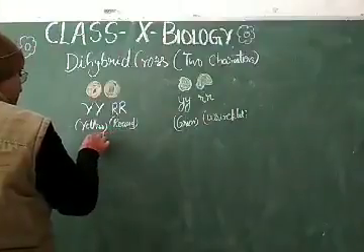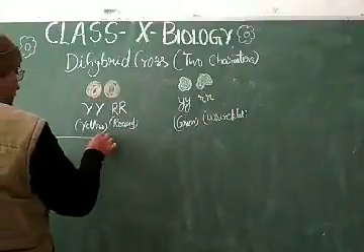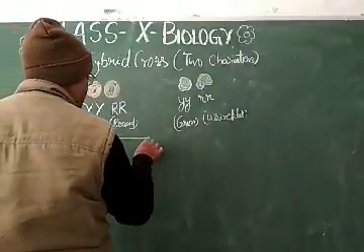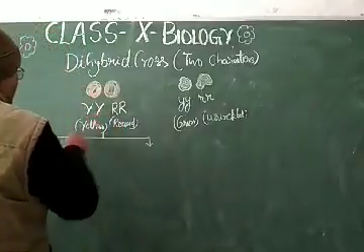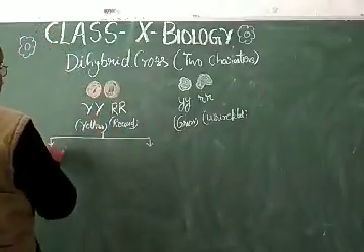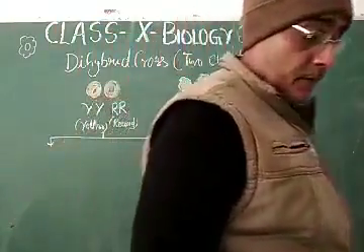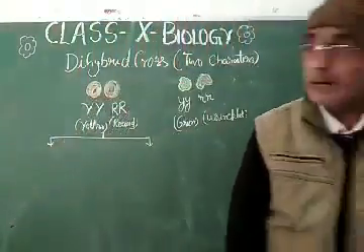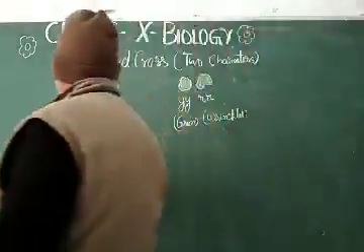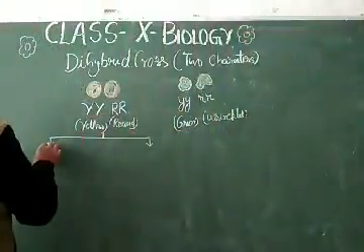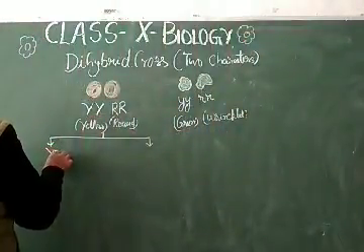The process of gametogenesis means the production of the gametes, and the gamete will be formed in the form of this one. Two characters will be taken, so YR.